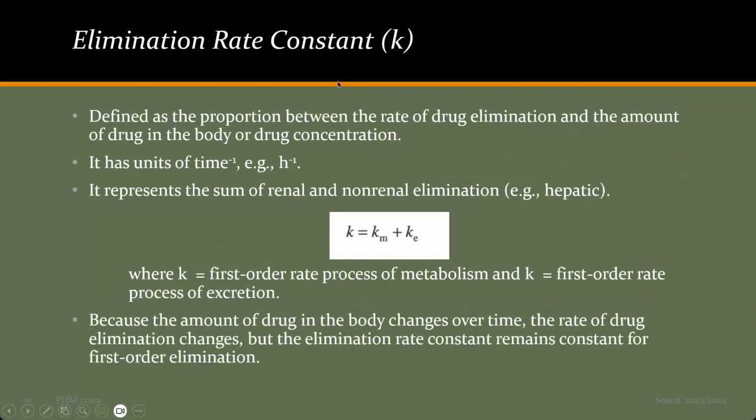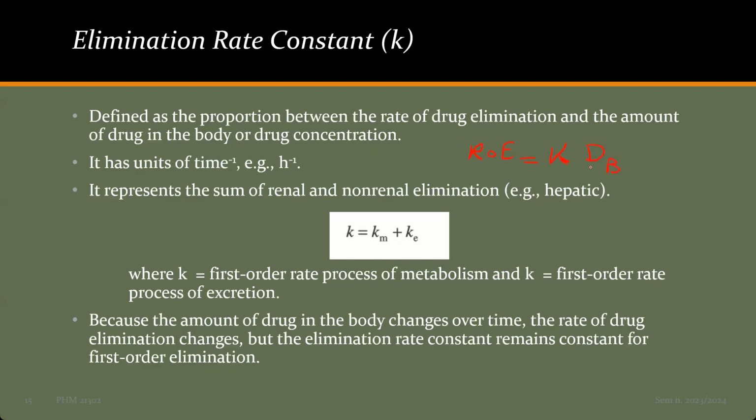Now we talk about this pharmacokinetic parameter K that we call the elimination rate constant. This is the proportion between the rate of drug elimination and the amount of drug in the body. This is the equation we wrote before: rate of elimination equals K times the amount of drug in the body.